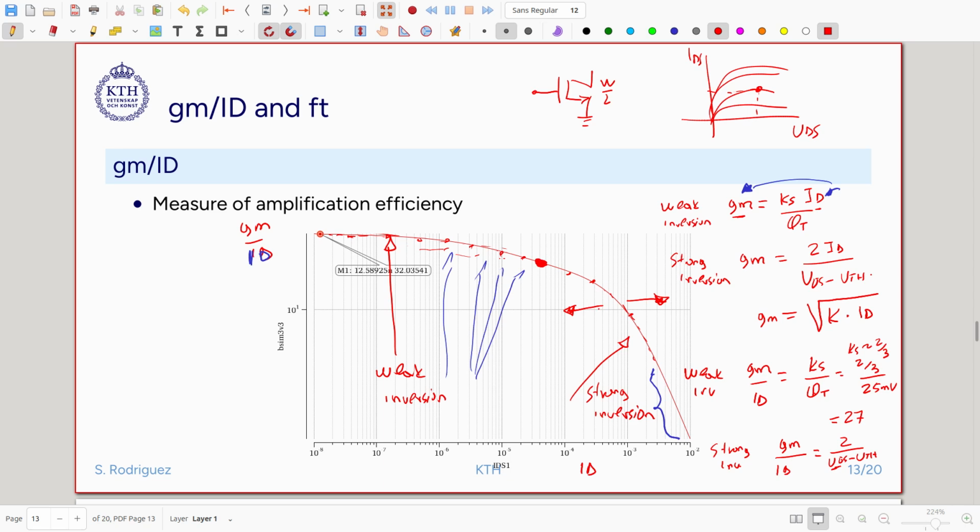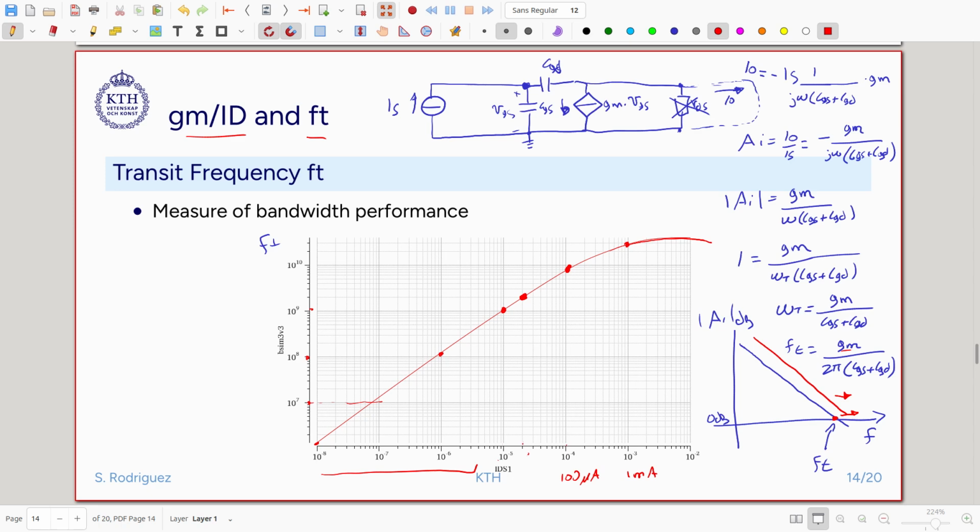Somewhere above the strong inversion, so that we have all the benefits for the weak inversion, that it is very good amplification, and at the same time we accomplish the frequency requirements, the bandwidth requirements.